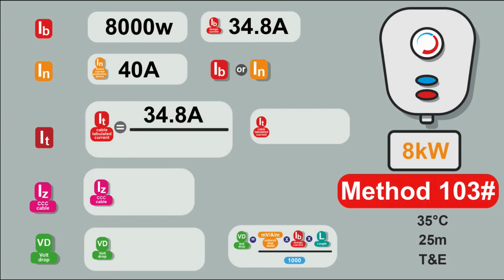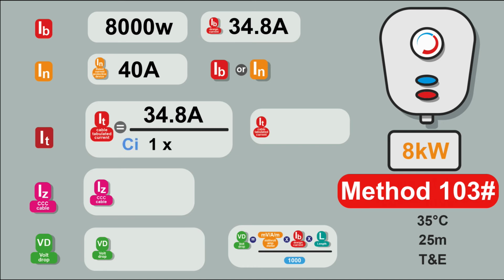Let's clear out some of the numbers. We'll keep the design current because that's not going to change. We'll keep the In because that's the same. Let's have a look at this if we're using reference method 103 and table 4D5. This is for a cable totally enclosed in insulation in a stud wall. Let's do the maths for this. So Ci, we would class that as 1.